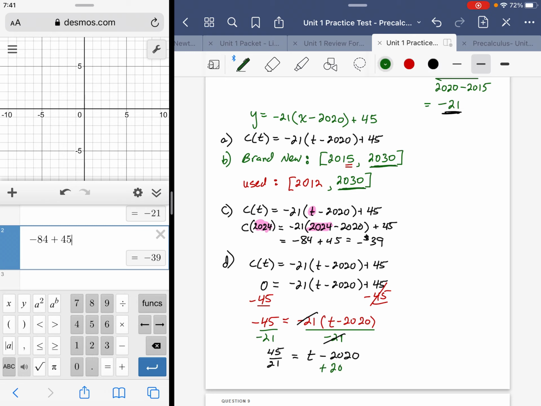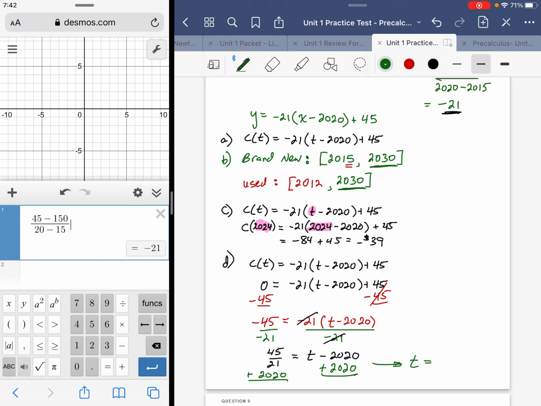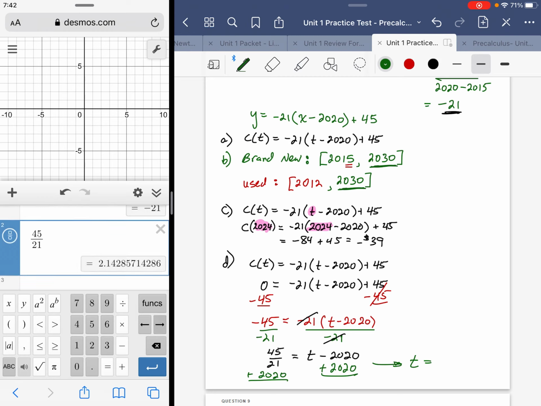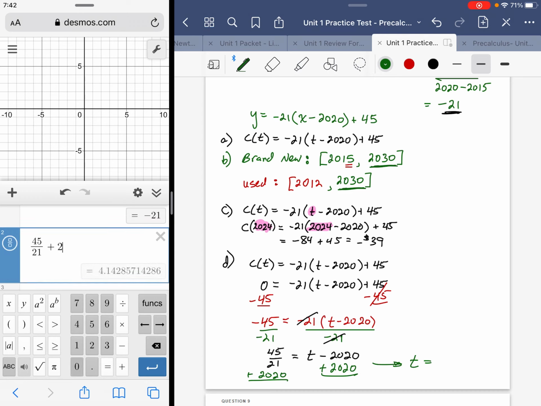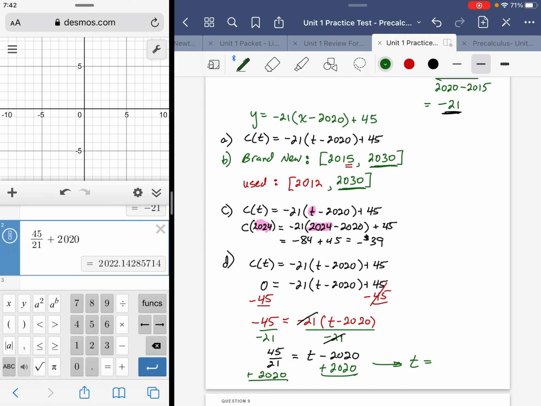Add 2020 to both sides. And so we'd be looking at t equal to 45 over 21 plus 2020, so 2020.143-ish.